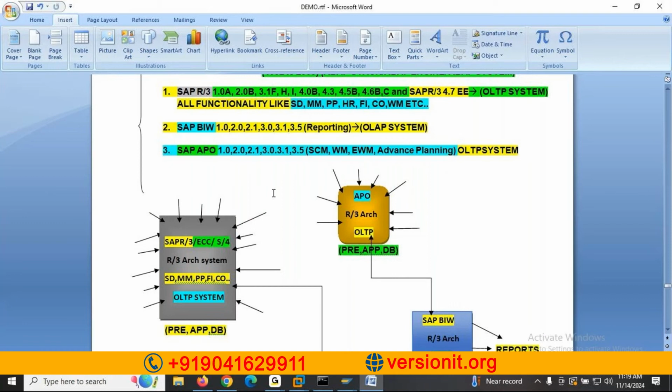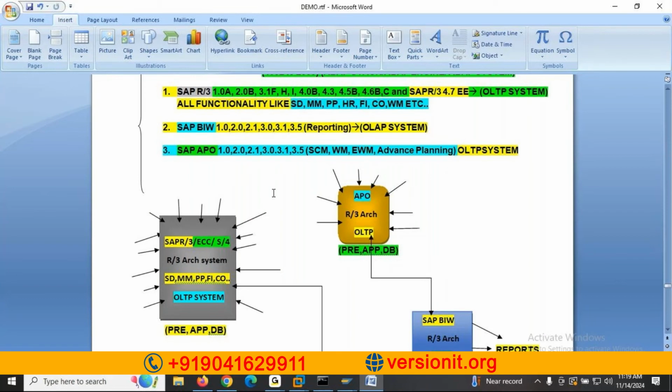And this system is designed specially for reporting purpose, specially for business reporting purpose. Specially for what?